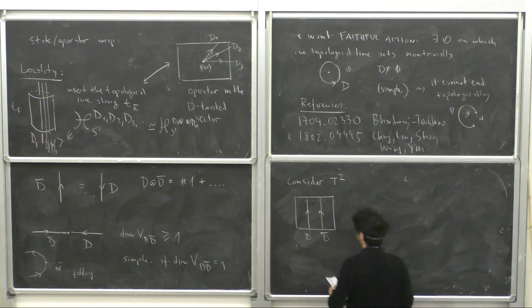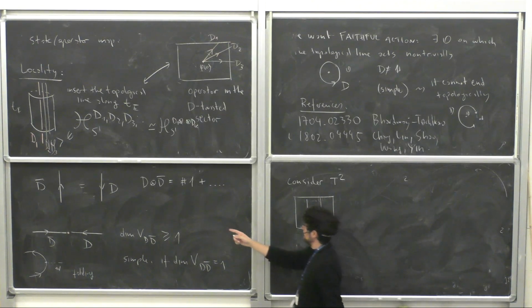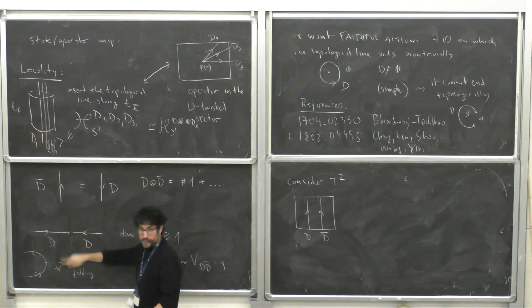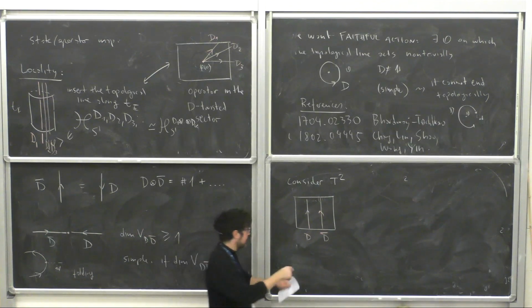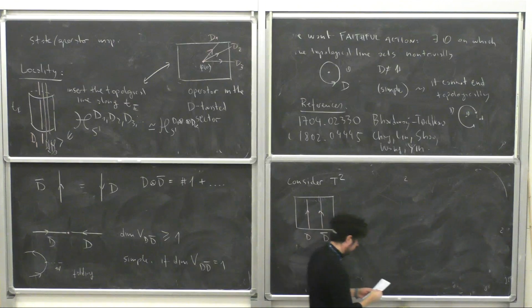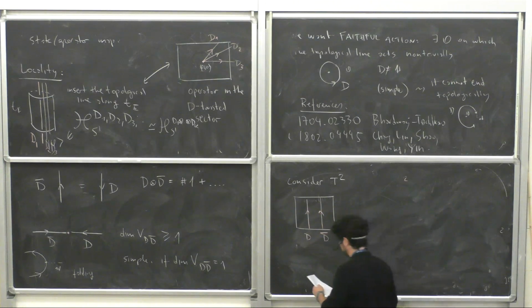This one is again related to the conformal picture, conformal to the cylinder, and now we are computing the trace of the Hilbert space.